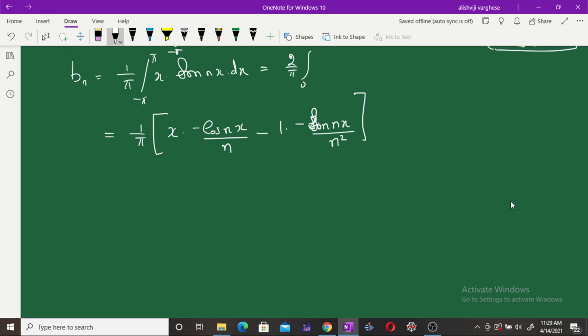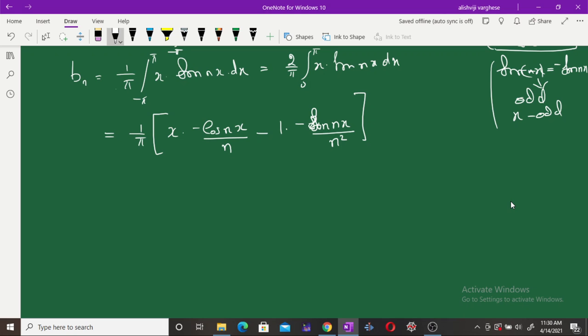Or we can rewrite it as 2 by pi into integral 0 to pi x into sine n x dx, because sine of minus nx is equal to minus of sine nx, that is, this one is an odd function and x is also an odd function.